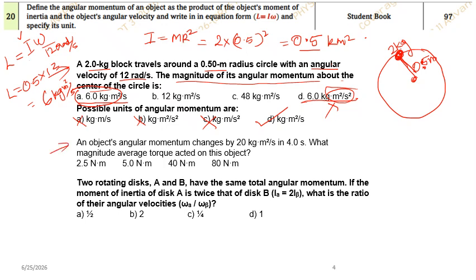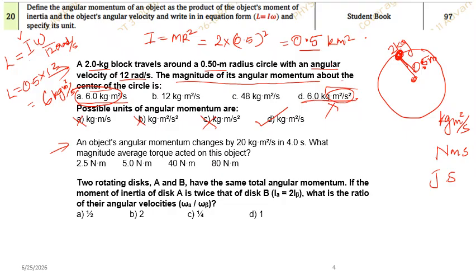As I mentioned, remember there are 3 units in connection with angular momentum: kilogram meter square per second, then Newton meter into second, and third, joule second. All these units exactly represent angular momentum.